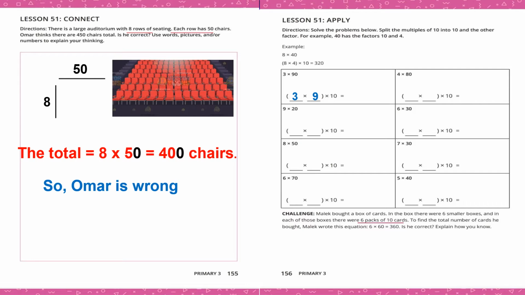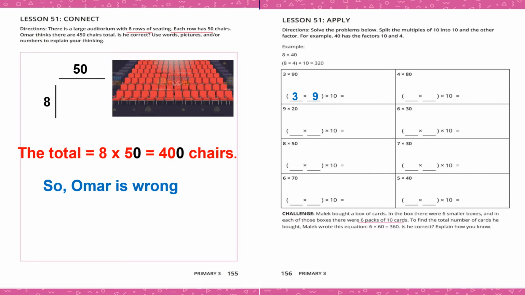Okay, we wanted to get the final result. What shall we do? When we have brackets, you should solve them first. So 3 times 9 equals 27, and complete 27 times 10.